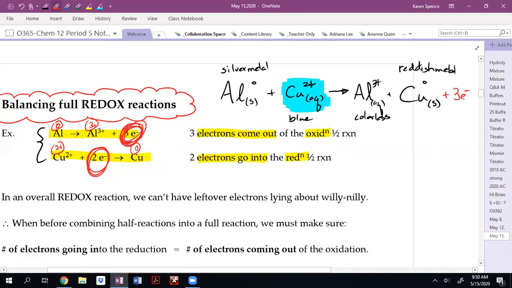That's from here. And we would have 2 electrons going in, which would mean that we could actually cancel 2 of those, but we'd be left with this like spare electron. And a spare electron in a redox reaction is a no-no.